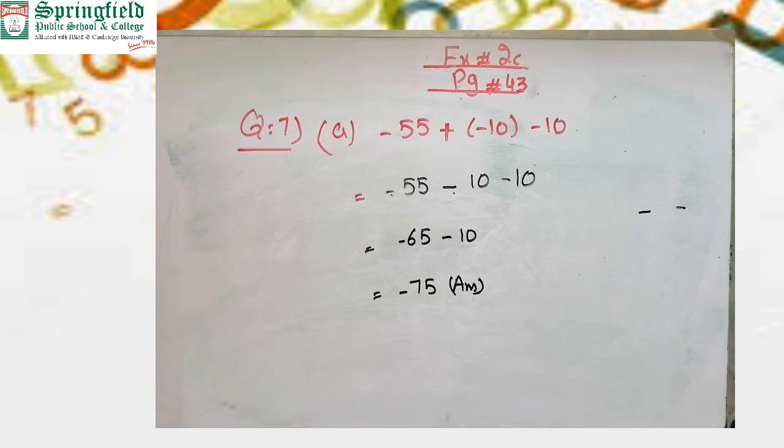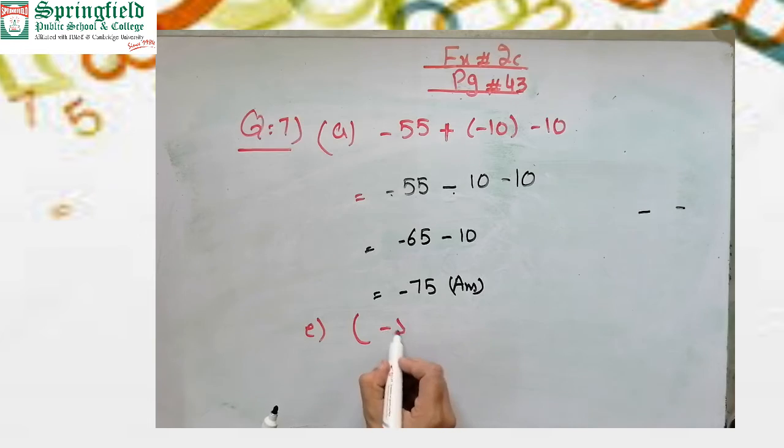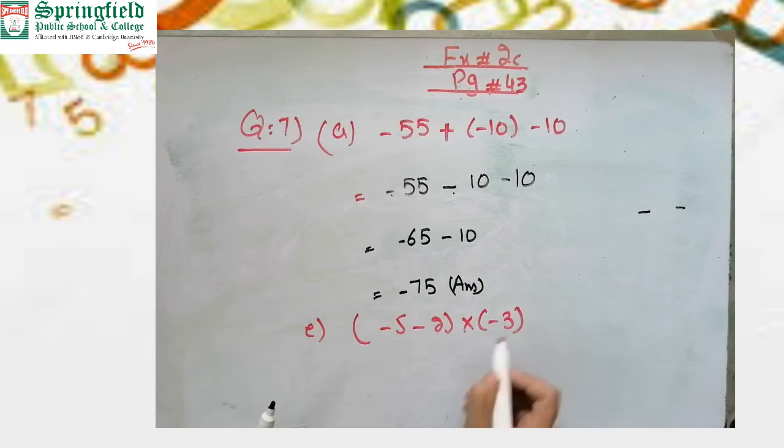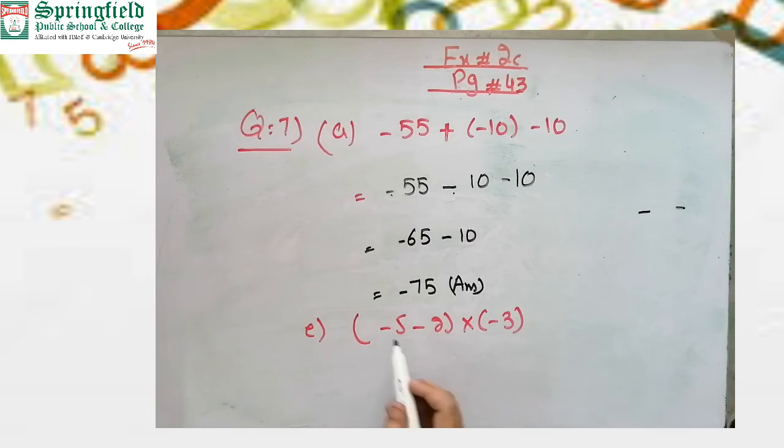Understood, beta? Okay, now come on the part E. And E part is bracket minus 5 minus 2 multiply minus 3. So first we will solve the bracket minus minus plus. So 5 plus 2, 7, the sign will minus.